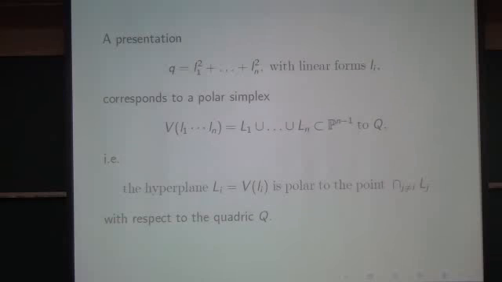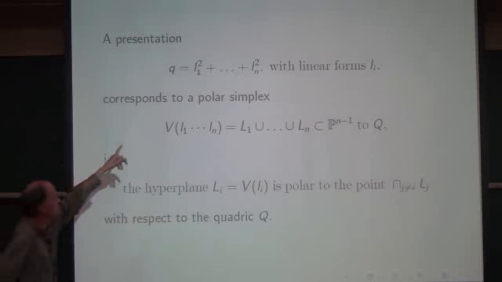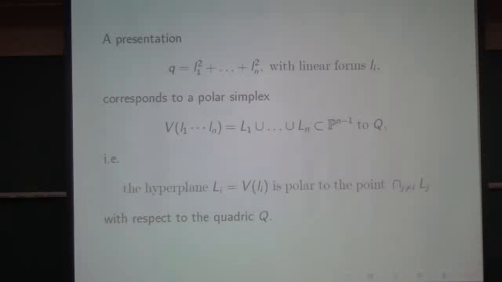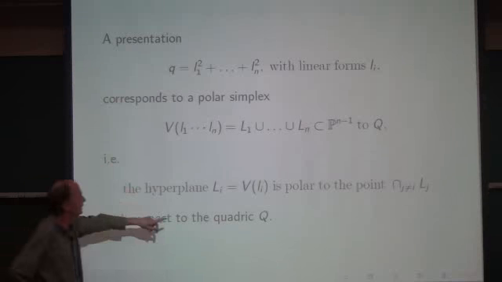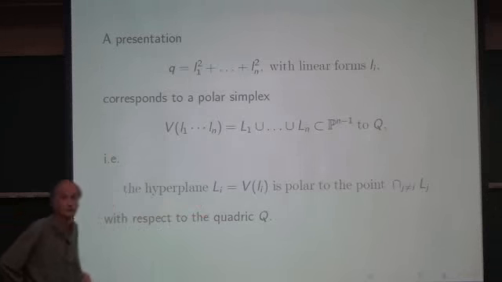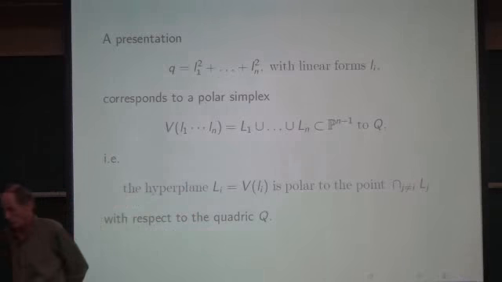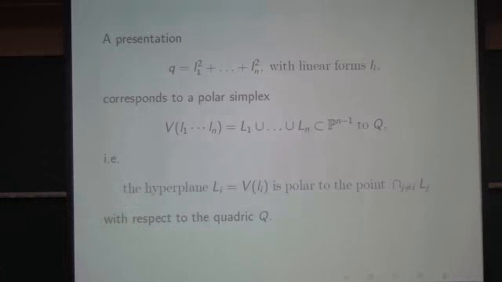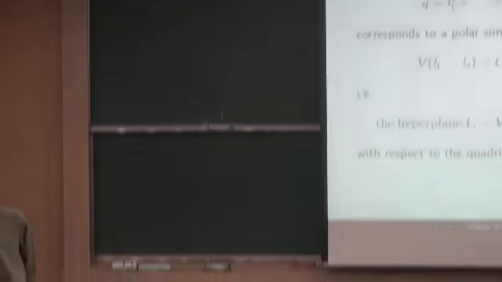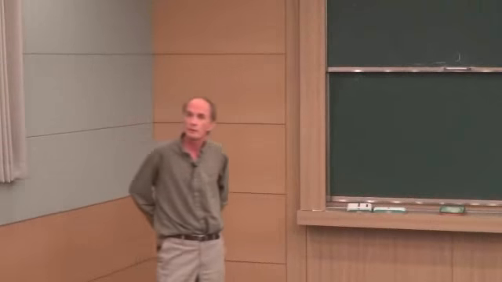And then if you have a sum of squares presentation for Q, each of these Li defines a hyperplane, and the union of these n hyperplanes is called a polar simplex. Because maybe you remember this from high school, the polar of a conic. So I'll remind you about that in a moment.